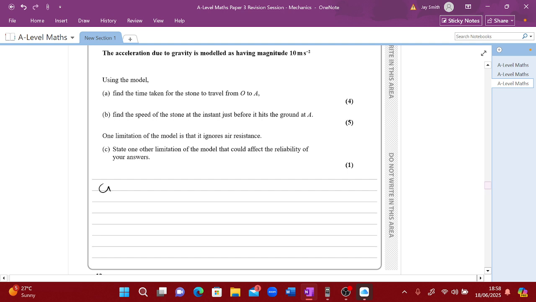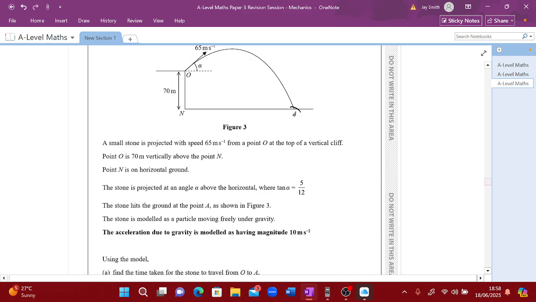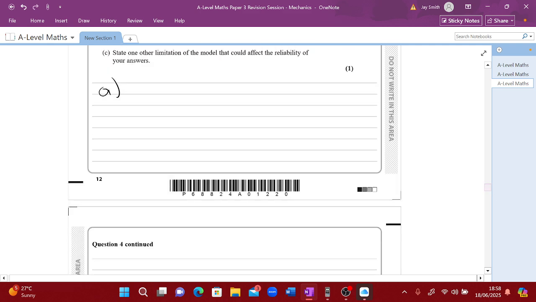So we're going to need to set up a Suvat equation. So the time taken from O to A. We're going to need to consider the vertical Suvat and the horizontal part.